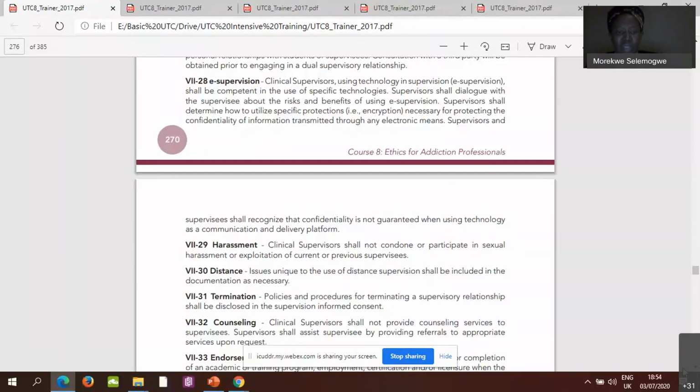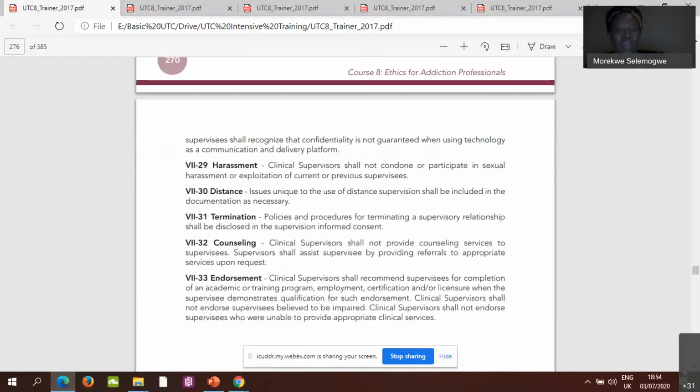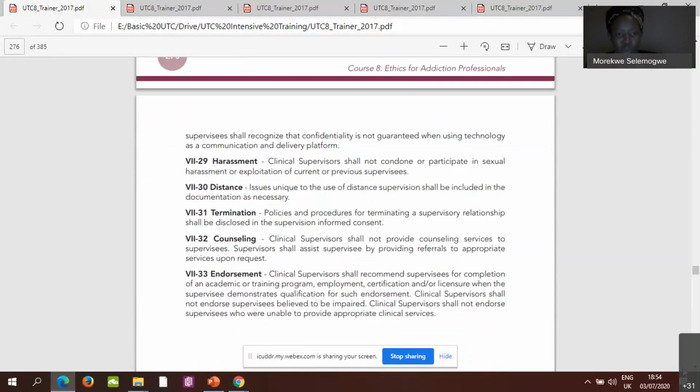When you are providing supervision at a distance, there should be clear documentation as to how you are going to do supervision, what the expectations are, and how often you will be doing it to ensure that it's effective. When there's termination, policies and procedures should guide termination of the supervisory relationship and shall be disclosed in the supervision informed consent.